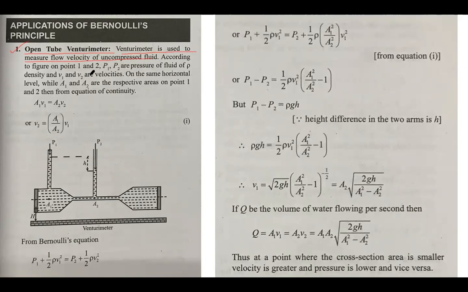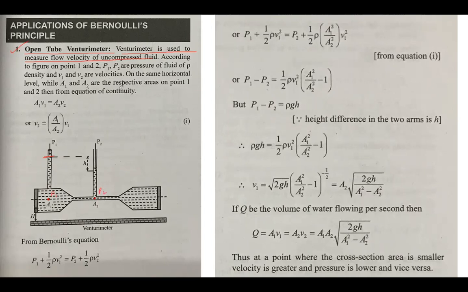According to the figure, at points 1 and 2, P1 and P2 are pressures of fluid of density rho, and V1 and V2 are the velocities respectively. Here the pressure is P1 and the pressure here is P2.